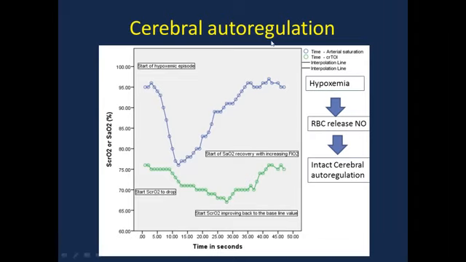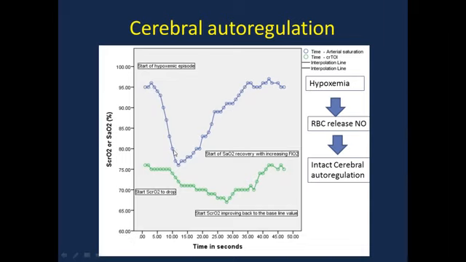What about cerebral autoregulation? Cerebral autoregulation is the change in the cerebral oxygenation when the arterial oxygen drops. So in this graph, the horizontal axis represents time in seconds, and the vertical axis represents saturation.